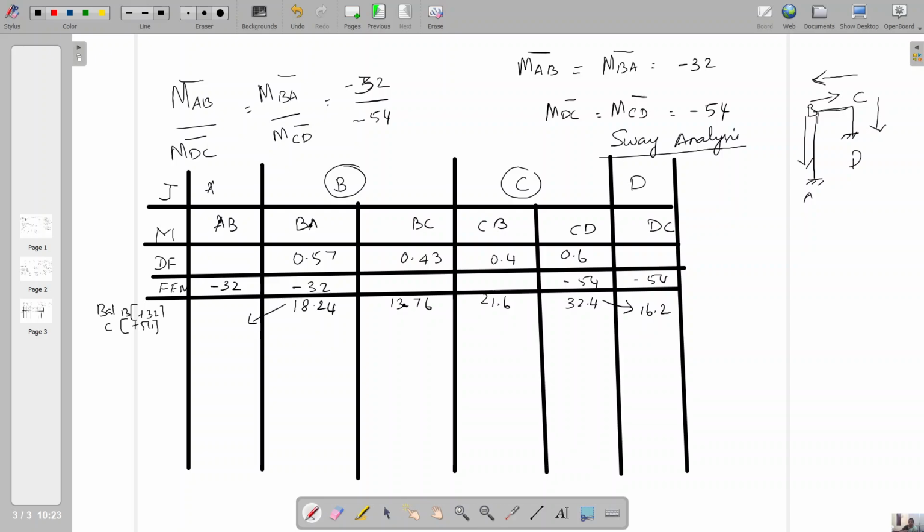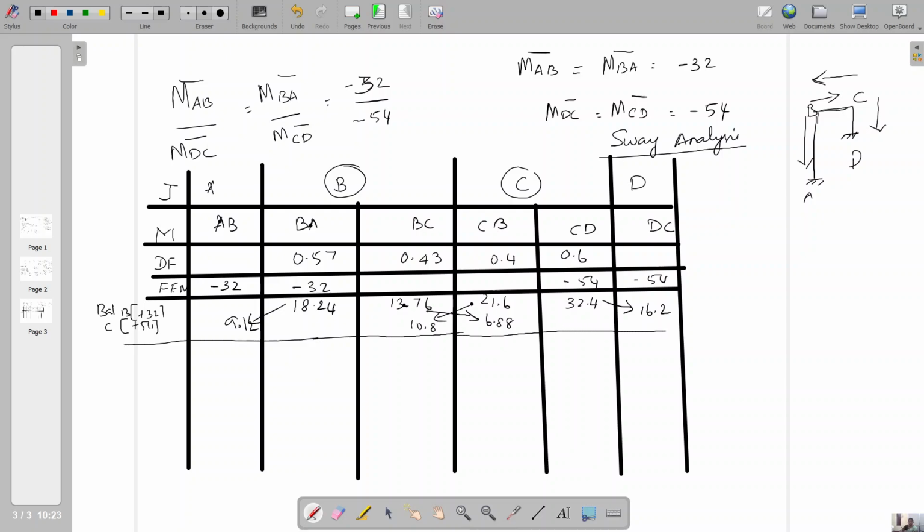Here it is 9.12, and from B to C and C to D, the carry over should be done 6.88 and 10.8. So this is carry over.